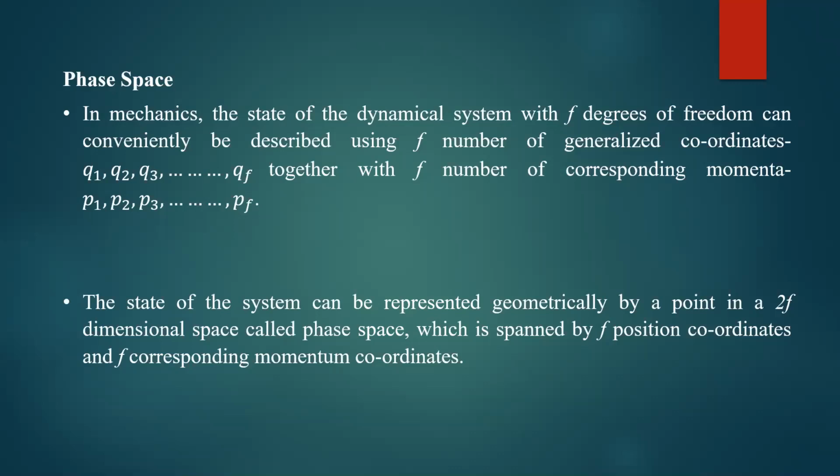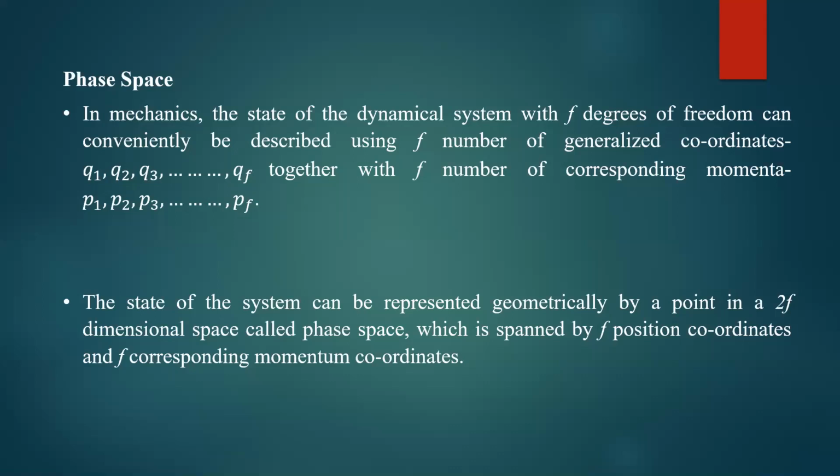If you represent the position coordinates x and y and the momentum coordinates px and py, it can give you the dynamic state of the system. To represent the dynamic state of the system, we have to use a number of position coordinates and an equal number of corresponding momentum coordinates.